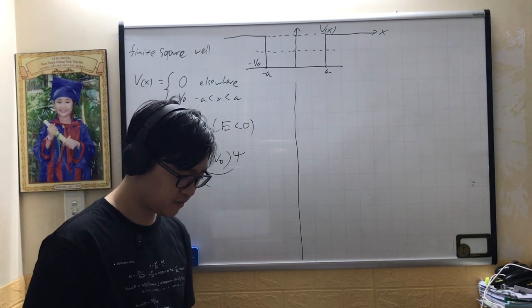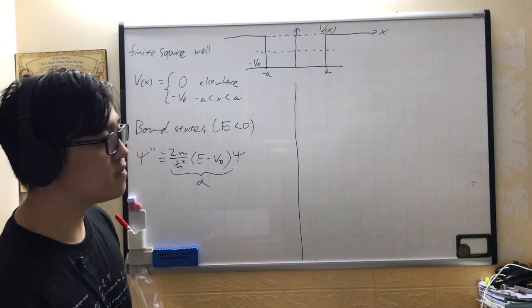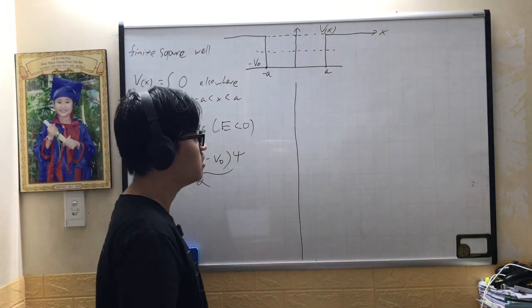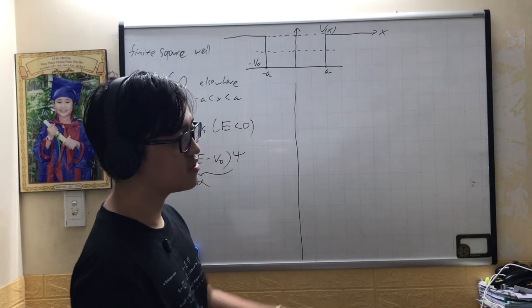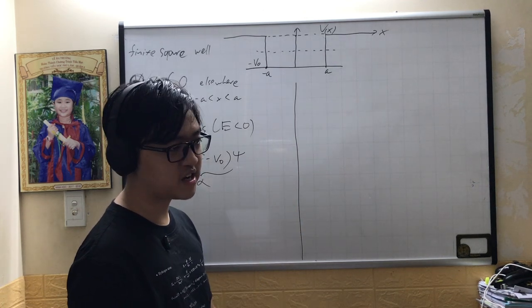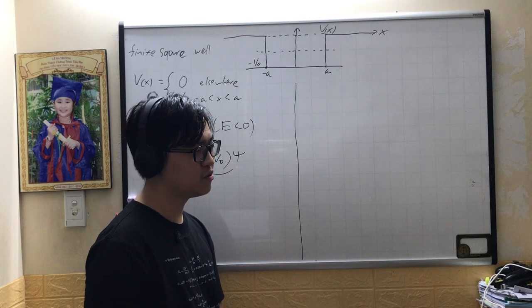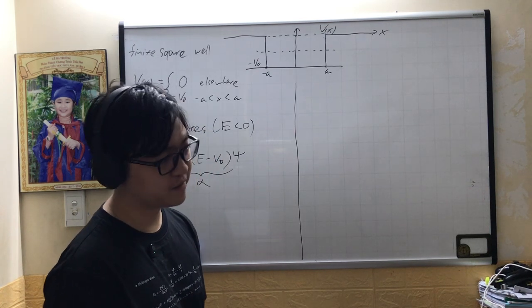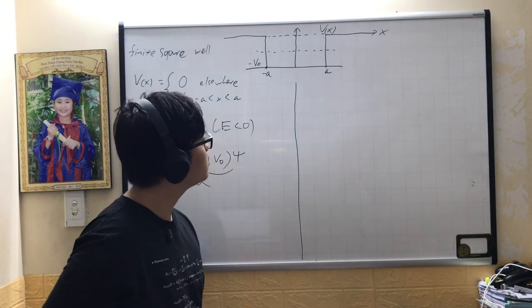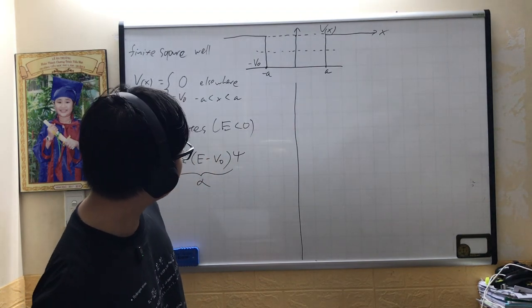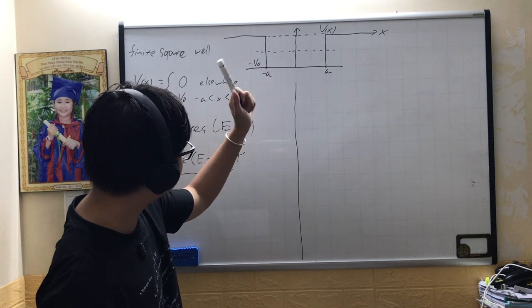If you remember, in the infinite square well potential, we said that it is 0 outside, and inside, I believe, it is root 2 over a times a sine function, right? So that would be the same here.